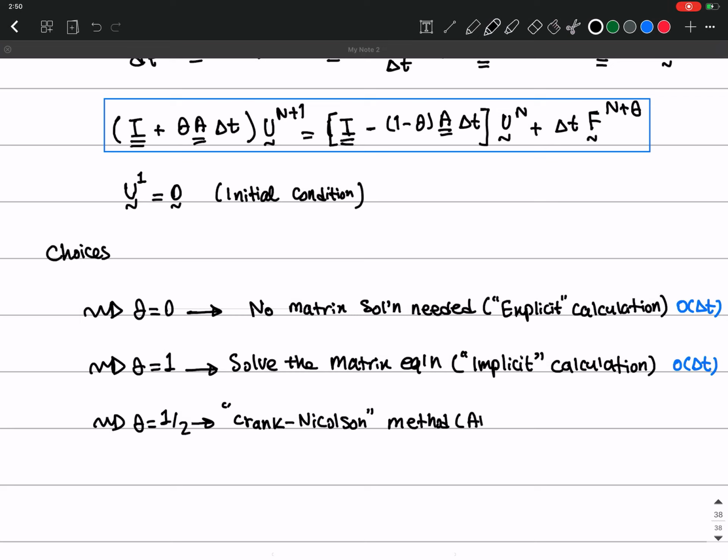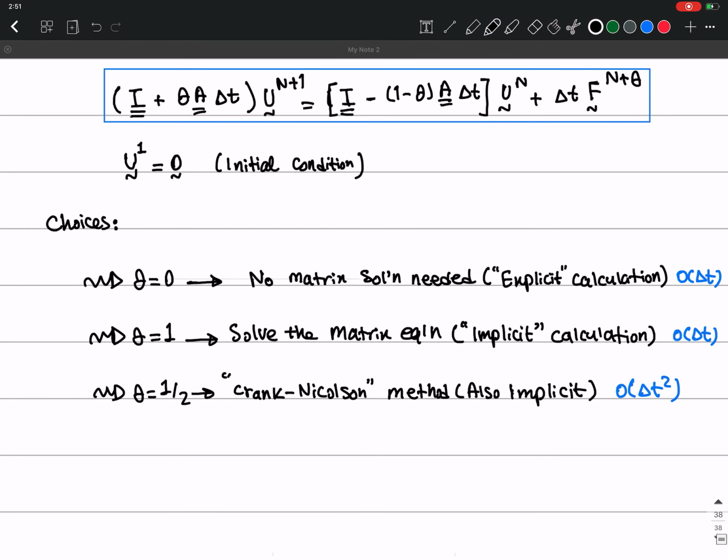And this is also implicit, and it is order delta t square. So that is the advantage: the order of accuracy is going to be higher if we choose theta equals 1/2.